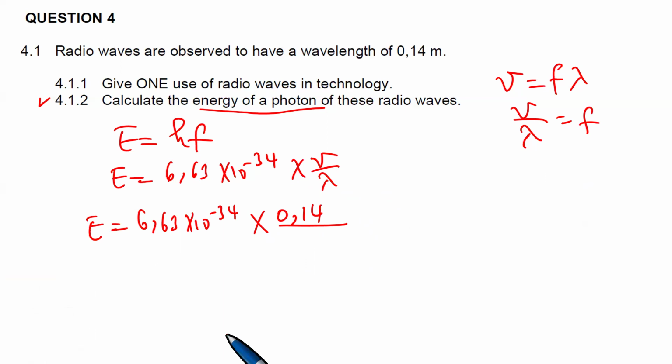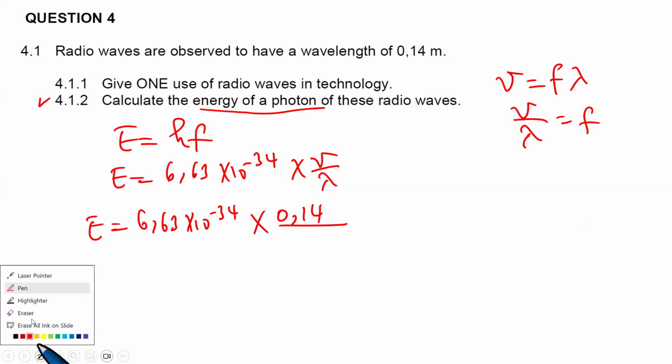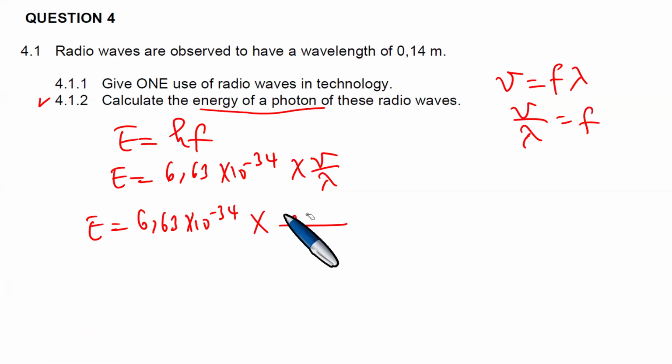No, that is the wavelength. Remember that we are dealing with a photon of light, for example. And what is the speed of light in vacuum? The speed of light in vacuum is 3 times 10 to the 8th power. And the wavelength is 0,14.